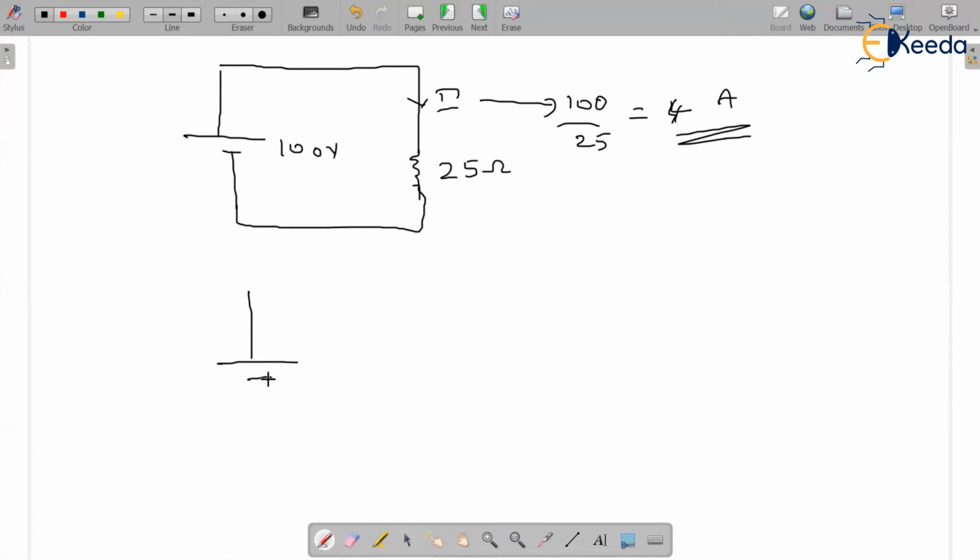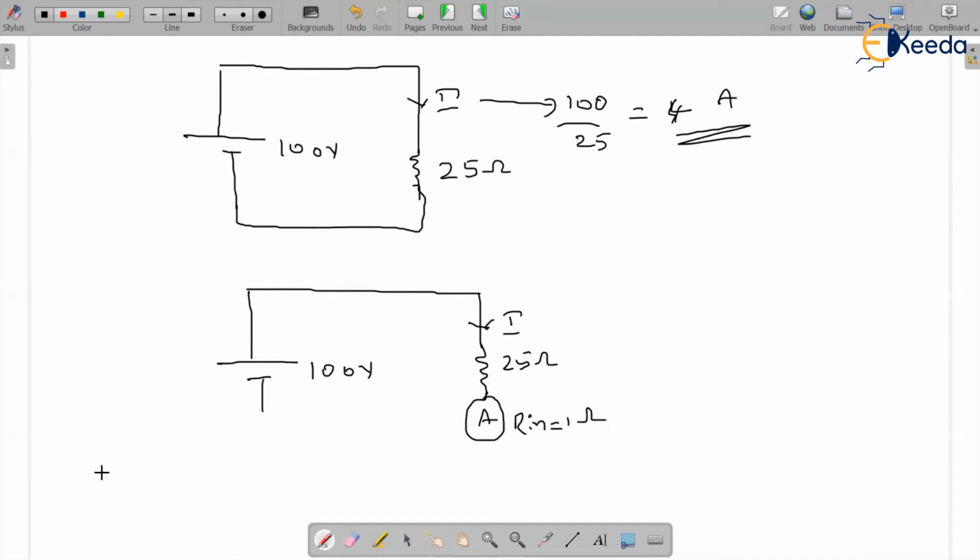So with 100 volts and this 25 ohms, the ammeter has a resistance of 1 ohm.